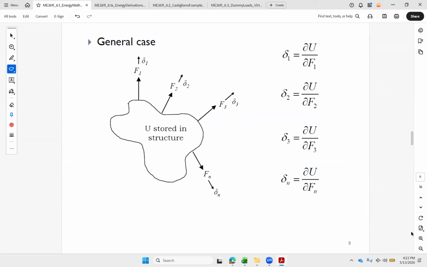So in the general case, we got some structure, we'll just describe it as a blob here, multiple loads, they could be forces, they could be moments, and then we get some geometric output, displacements for forces, and we get rotations for moments. All in the same spot and in the same direction as that one that we're taking the derivative with. So we see that delta 3 and F3, same spot, same direction, etc., etc.